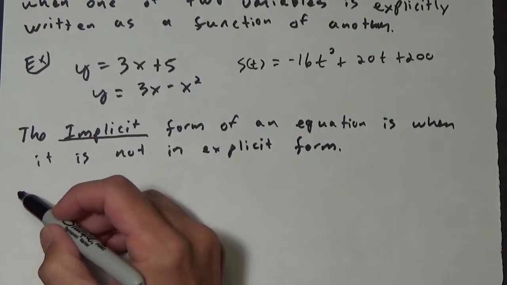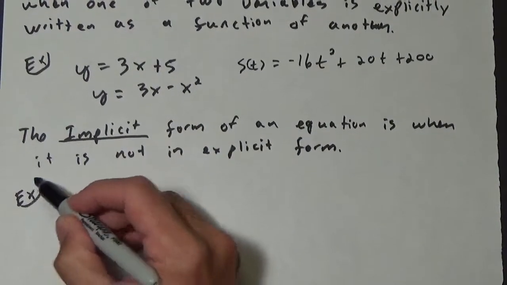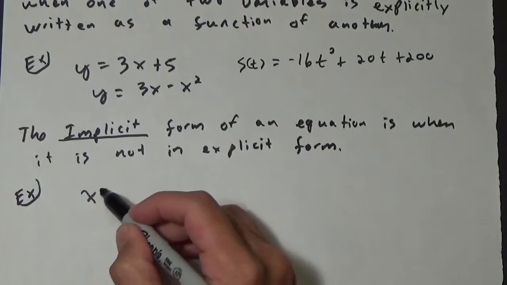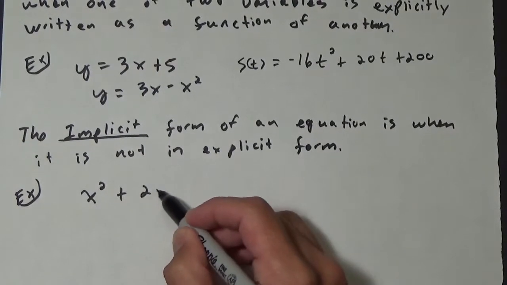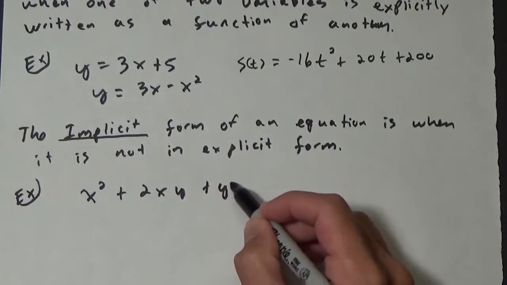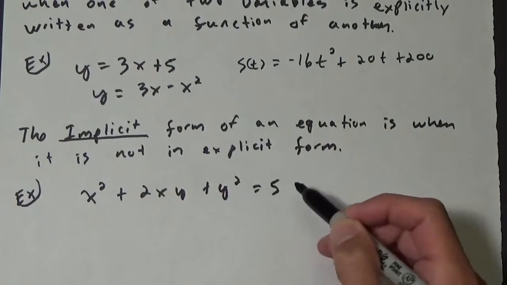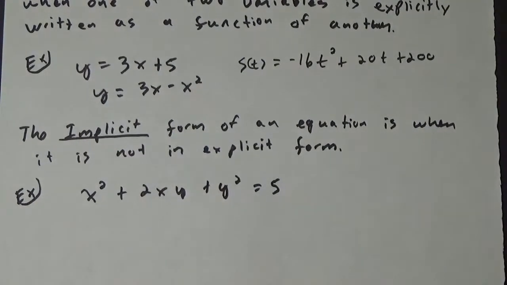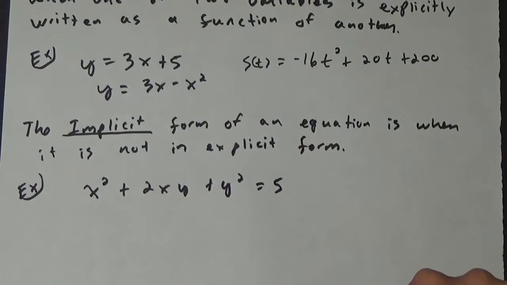Alright, so let's look at an example. Let's say we have x squared plus 2xy plus y squared equals 5. Okay, so this is in implicit form.